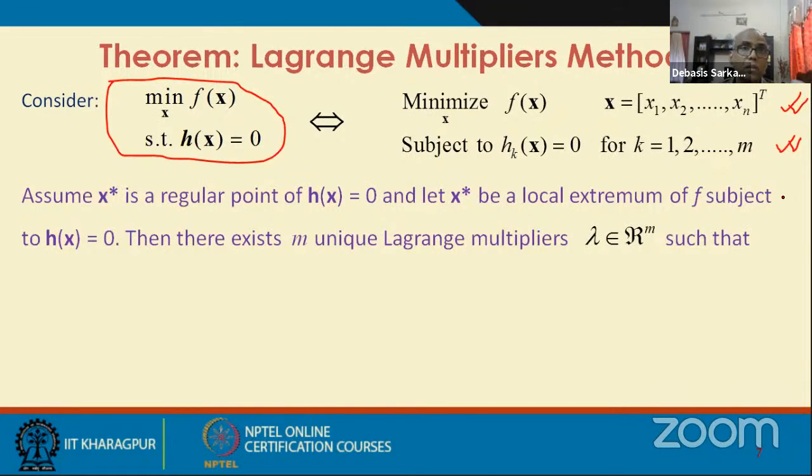Now, the theorem that we talked about, which gives us the optimality conditions, note that this is valid only for regular points.